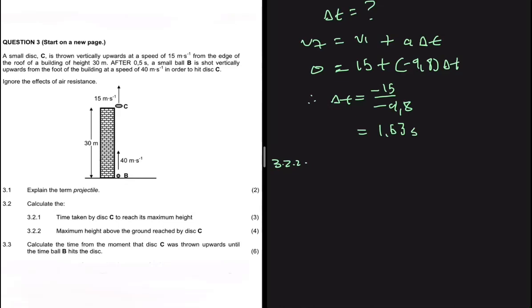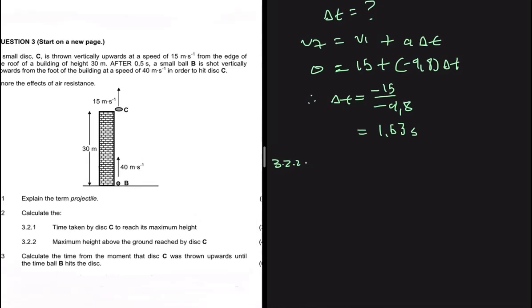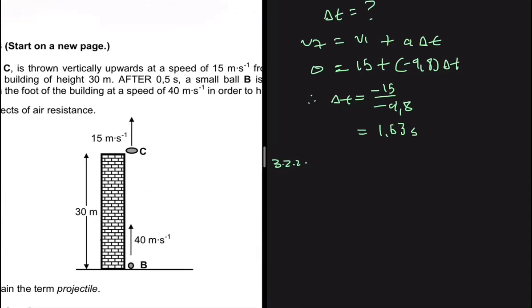3.2.2 is saying let's find the maximum height above the ground reached by disk C. So let's come to a sketch here so that I can take you through something. We know Vi because it is given to us. So we have Vi at this point, and then we have some Vf somewhere here, where the velocity is equal to 0, and then we have delta t for this part of the motion.